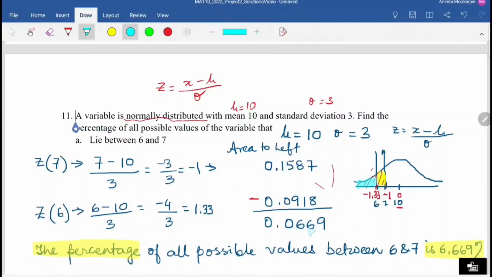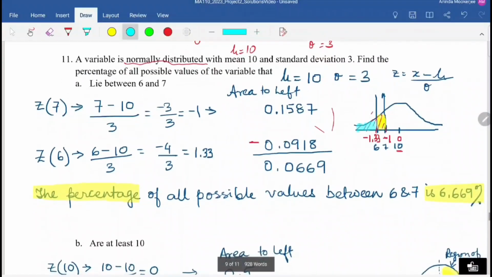Multiply it by 100 and you will get that the percentage of all possible values between 6 and 7 is 6.69%. If they ask you for probability, please give your answer in the form of decimals. Probability is not represented as percentage. So be careful about that, otherwise you may lose some points.